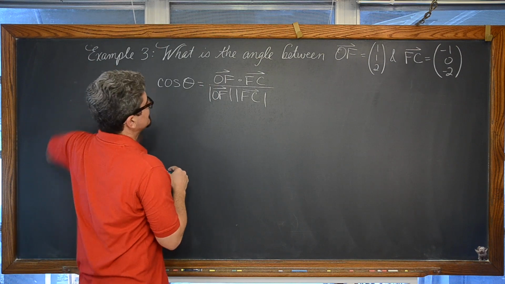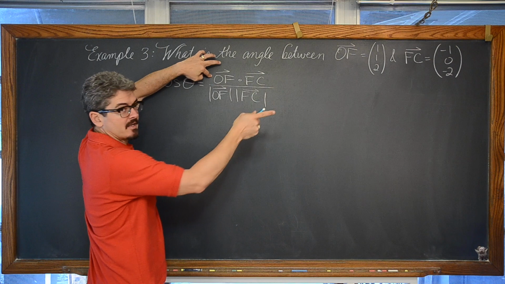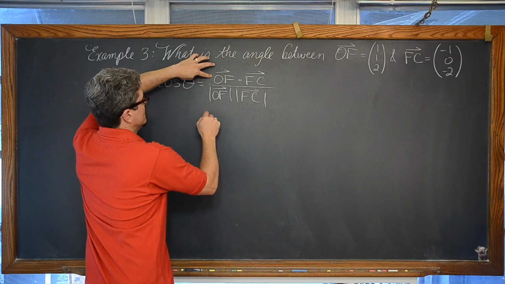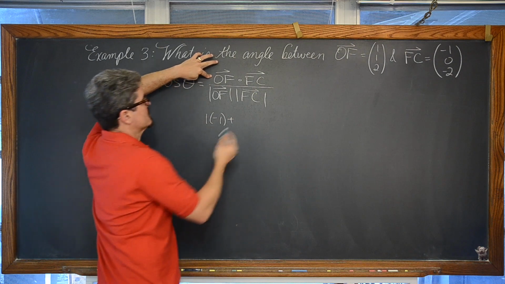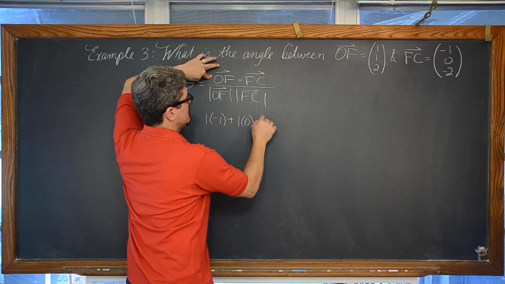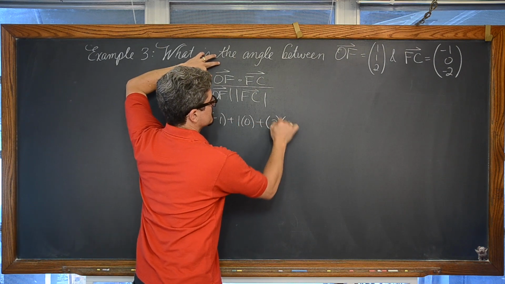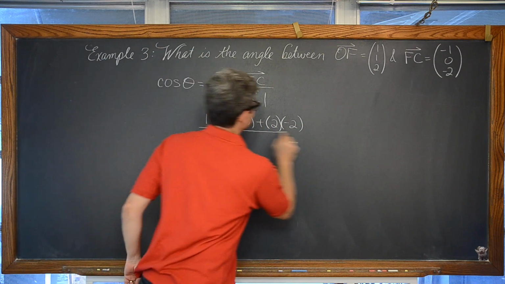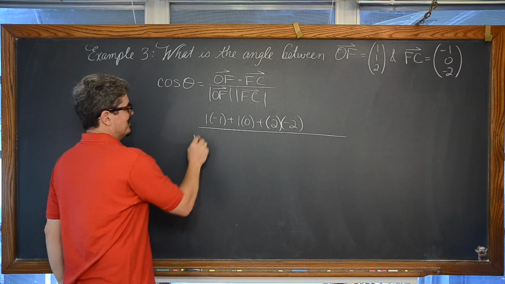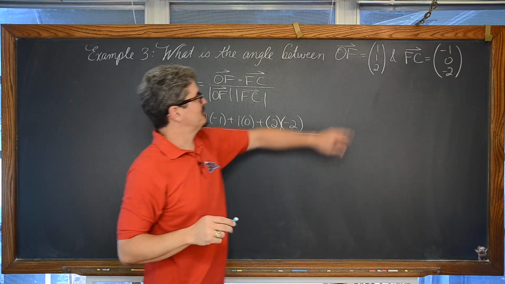We have the dot product, so we're going to be multiplying 1 times negative 1, adding that with the product of 1 times 0 plus 2 times, yes, negative 2. All of that over the magnitude of vector OF.